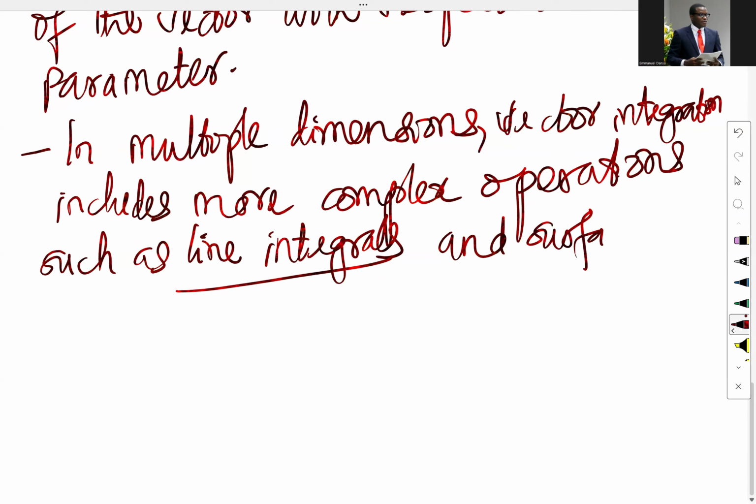Line integrals and surface integrals are really important things to talk about.